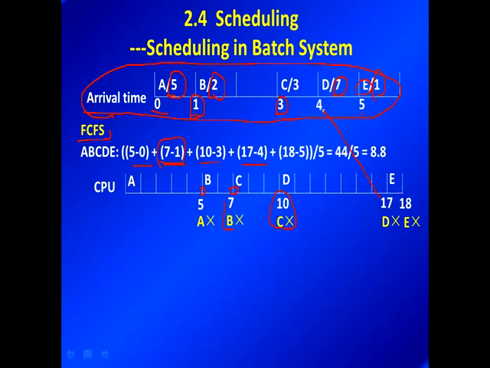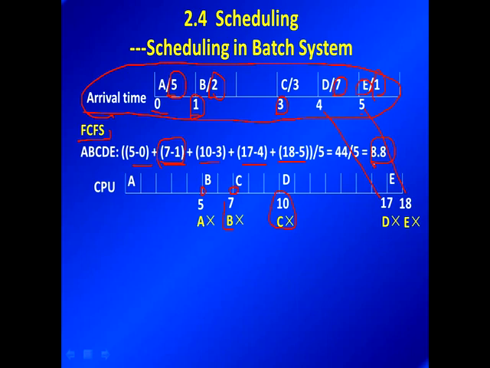And the turnaround time for job E is 18 minus 5. So after you get five different turnaround times for these five jobs respectively, you can get the average turnaround time, which should be 8.8. So this is the case for FCFS.